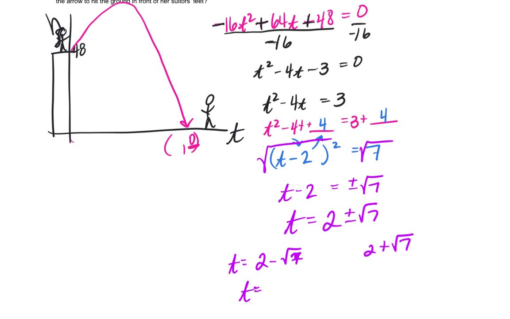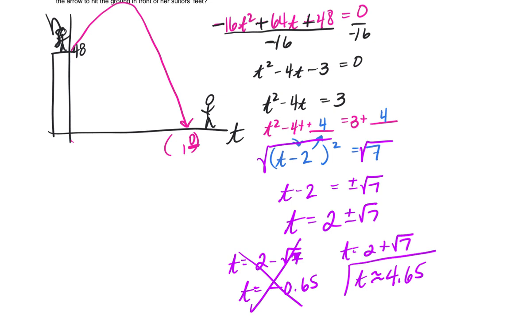So negative 0.65. Can you have time that's negative? So this one is not going to work. This one, 2 plus the square root of 7, is going to be about 4.65 seconds.